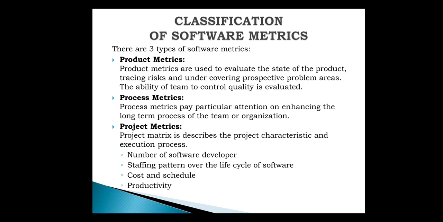The project metrics describe the project characteristics and execution process, like number of software developers, staffing pattern over the life cycle of software, cost and schedule, and last one is productivity. According to it, you need to perform project metrics.